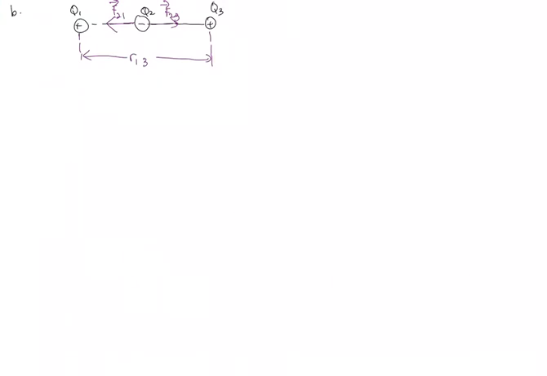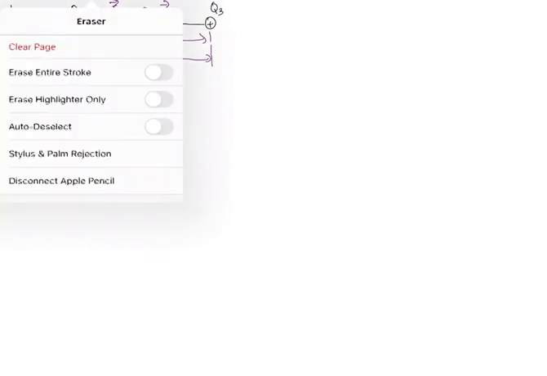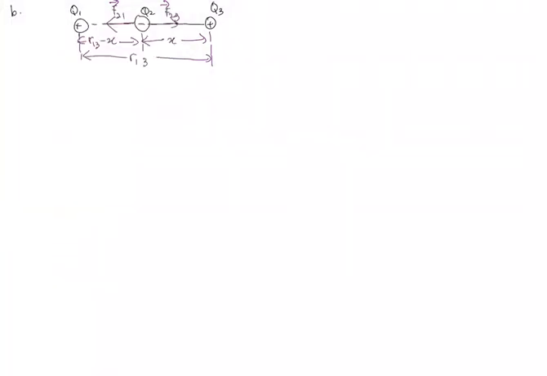So here you put it as X, while the other side will be R13 minus X. Now you want to find X. This is just sketching.